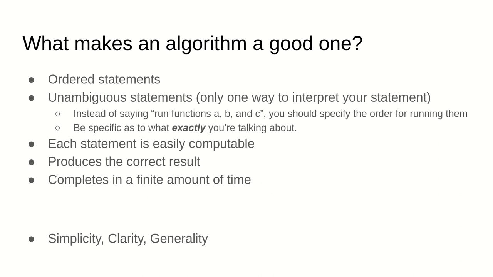And likewise, your algorithm should be about as detailed. An example of this is that each statement should be easily computable. So, for instance, you should not say something in your algorithm like, search the internet for the best product.